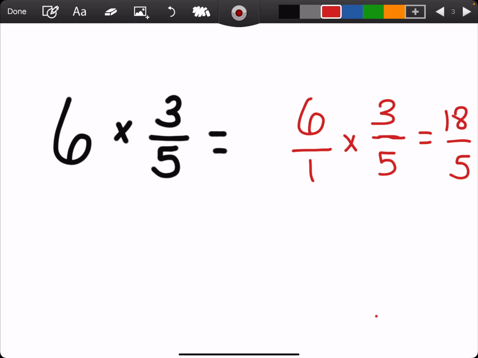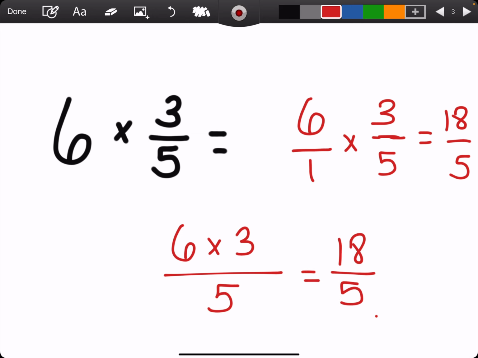So what I'm just doing is 6 times 3/5, I'll do it again down here, would be 6 times 3 over 5, which is 18 over 5. And we can leave it there for now. We don't have to convert that unless it's said to. Otherwise, you can leave your answer as 18/5.